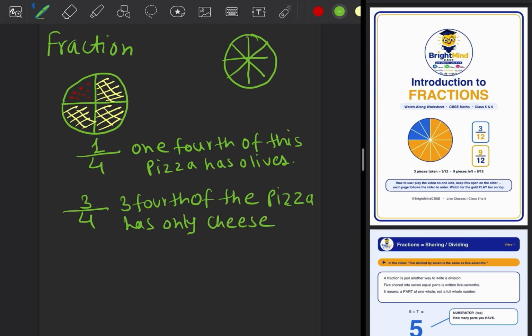Every fraction has two numbers, right? For example, 1/4. The top number is called the numerator.